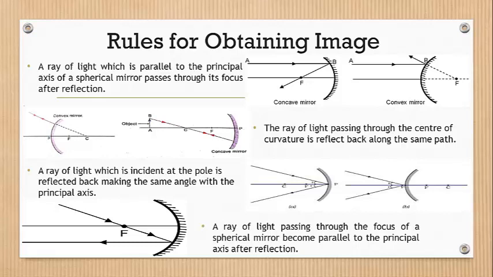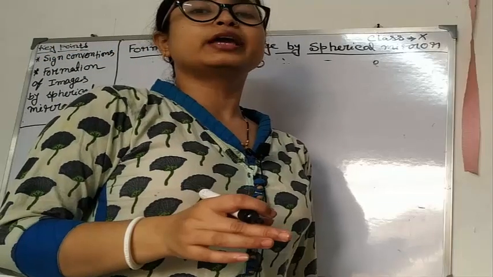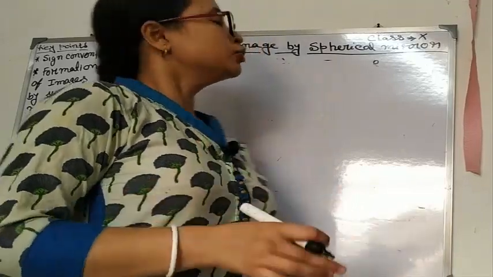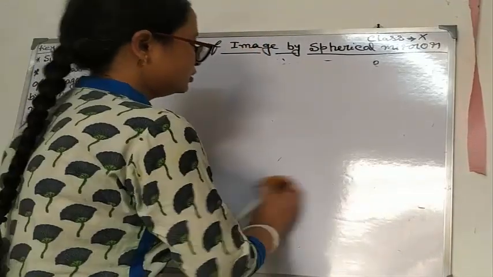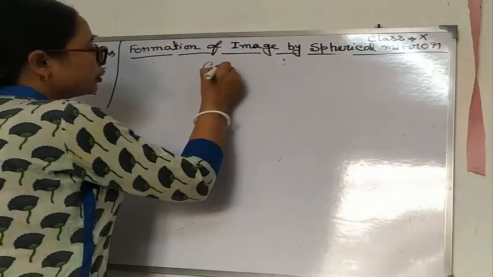Now we have to form the image by the mirror. First, basically the image formed by a concave mirror is very important. So first let us learn the image formed by a concave mirror.